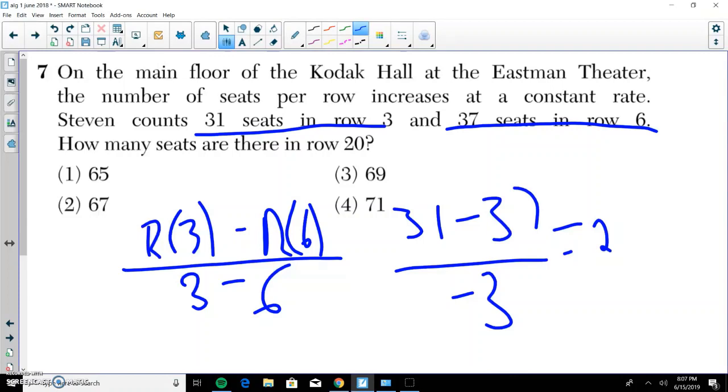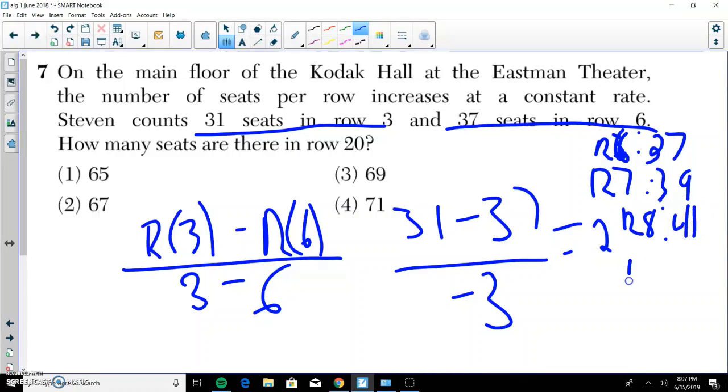If we keep increasing, let's go to row 6. Row 6 is 37. Row 7 is 39. Row 8 is 41. Row 9 is 43. Row 10 is going to be 45.